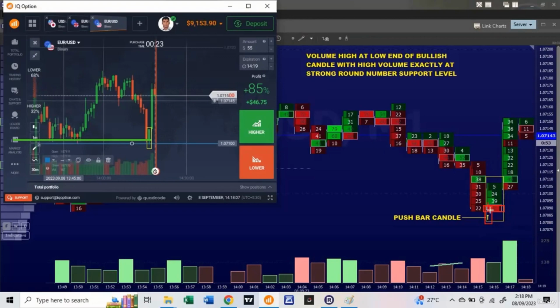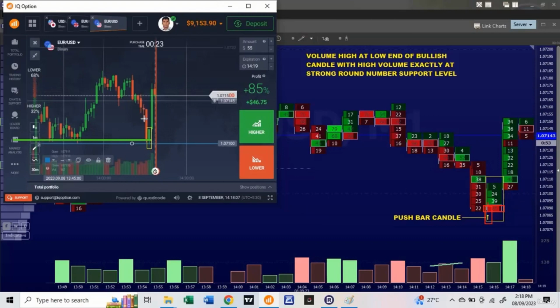Exactly at that area volume is high. That means this candle will act as a push bar, and in this type of market condition, definitely next candle again down. But what happened here? The total scenario changed. Why? Because of this area.